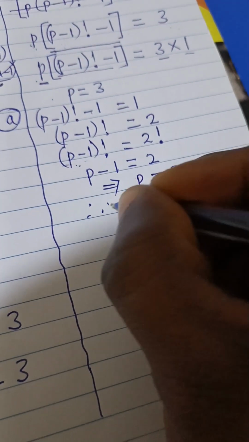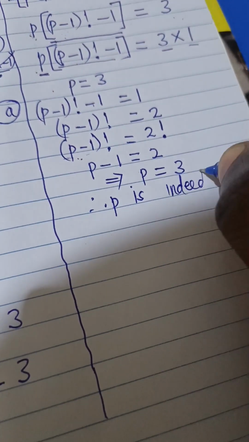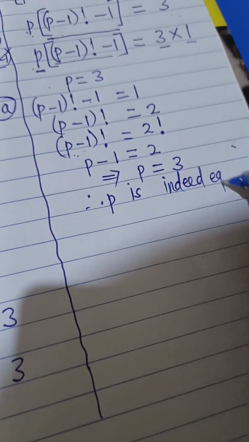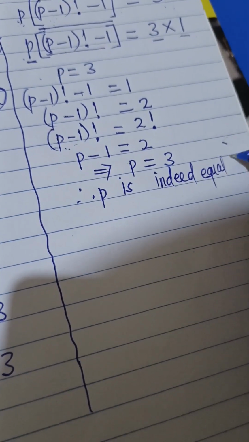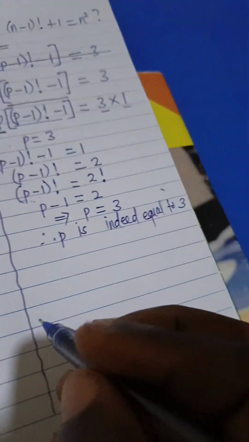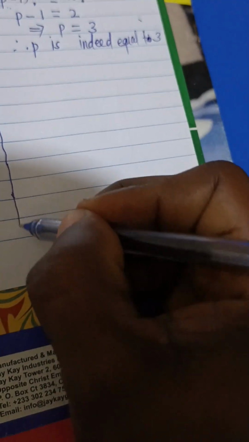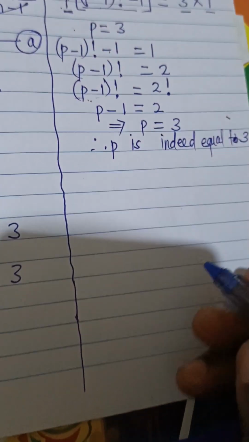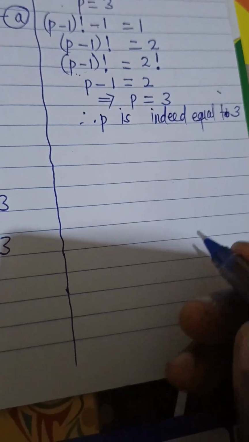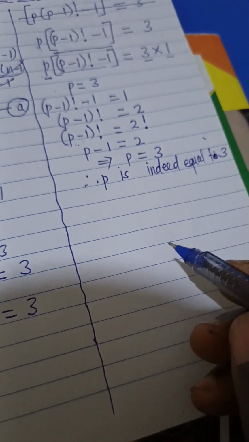Therefore, p is indeed equal to 3. Good. So that is it. Now let's come to the final part. The question did not have any p, and we are supposed to solve for n. Therefore, let's go back to our substitution.